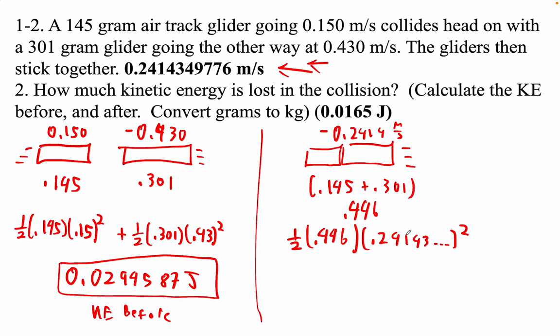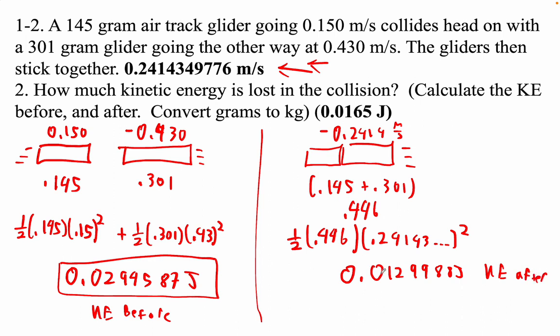Let's see if I can find that number here. Okay, this guy squared. All right. And I'm getting that energy is 0.0129988 or something like that, right? And that's the kinetic energy after.